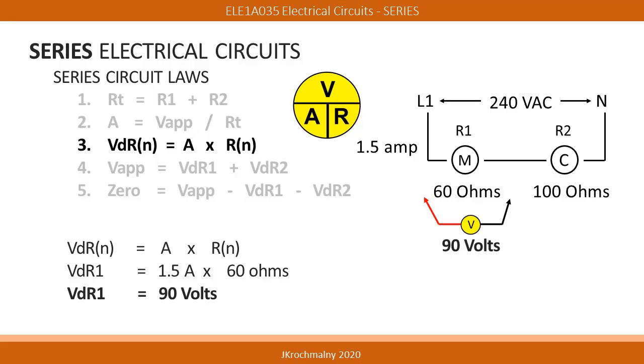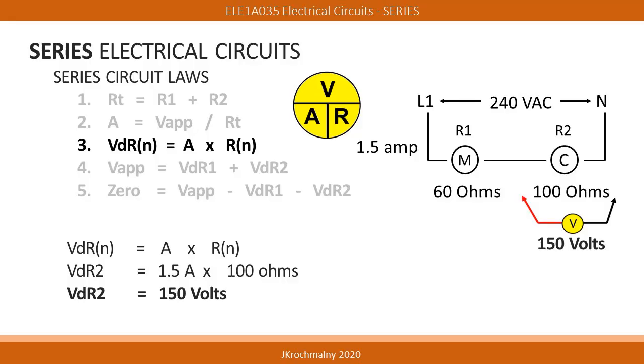Therefore, we use the third law of series electrical circuits. The voltage drop across the R1 load is equal to 1.5 amps of current found in the circuit multiplied by the resistance value of the R1 load. In the R1 load, 1.5 amps multiplied by 60 ohms of resistance gives 90 volts dropped across that load.